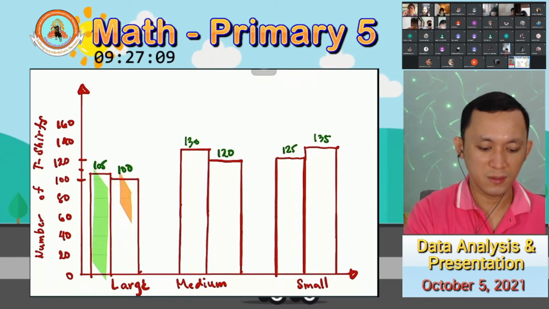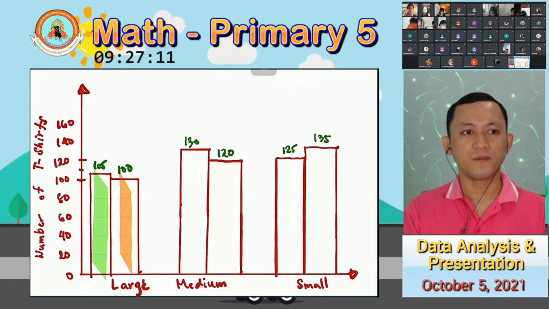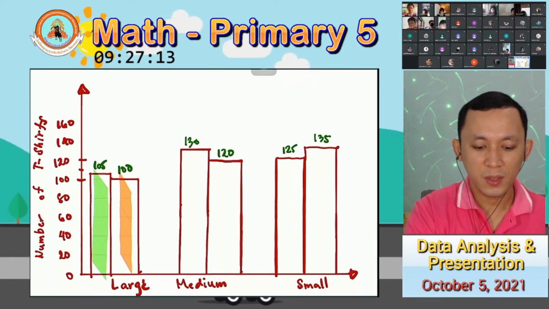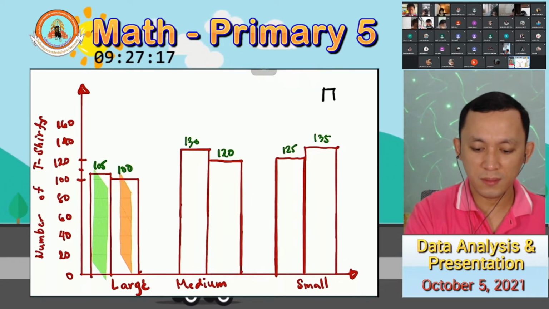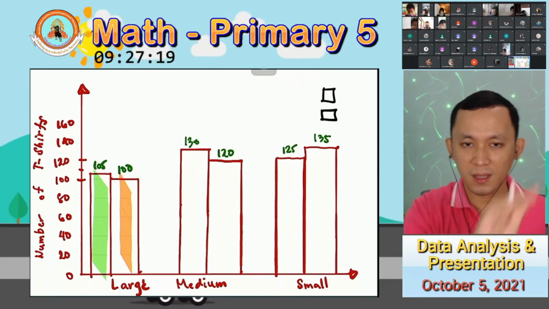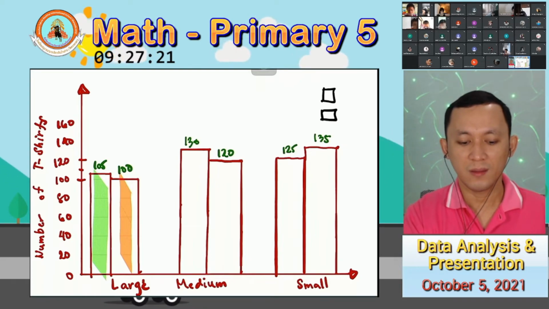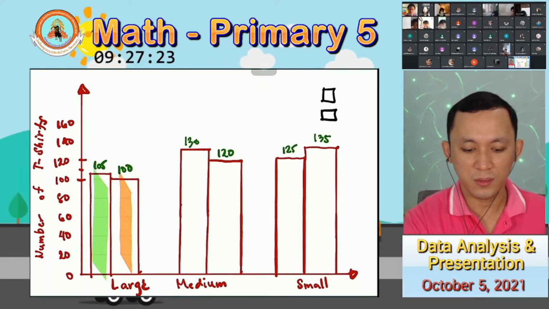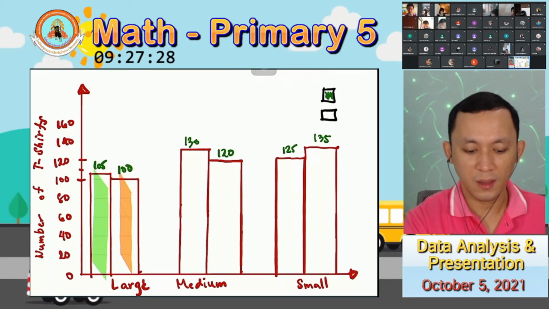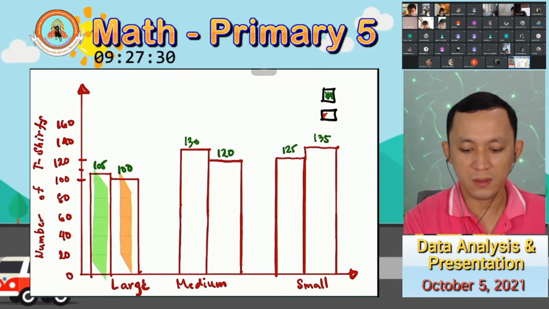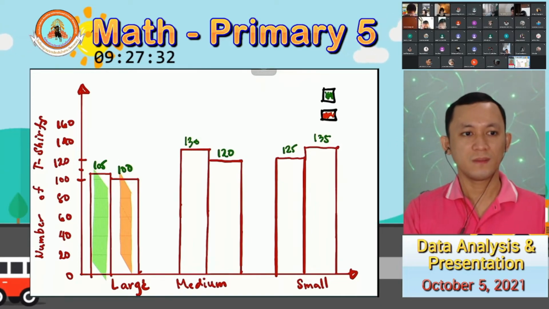Okay, so if this is green and orange, therefore your legend on the side must also be green. So for example, this is green and this one is orange.